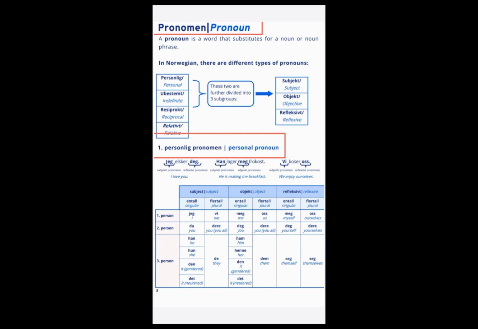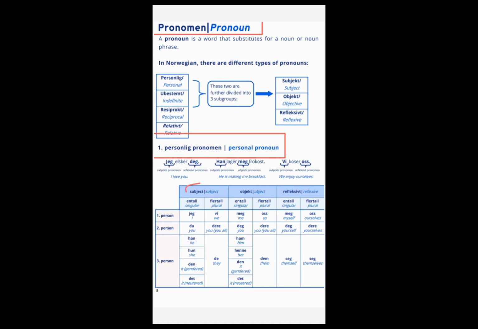There are three different ways to express a personal pronoun: subject form, object form, and reflexive form. First person, jeg, I in singular form, vi, we in plural form, and in object form it becomes meg, and in flertall, plural form, it becomes oss.